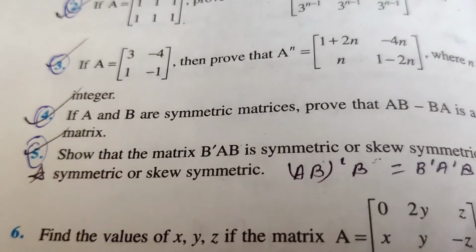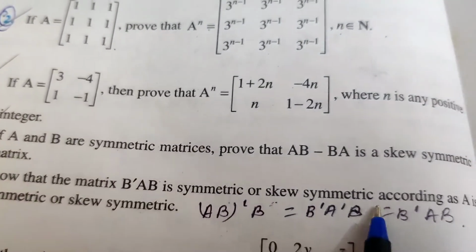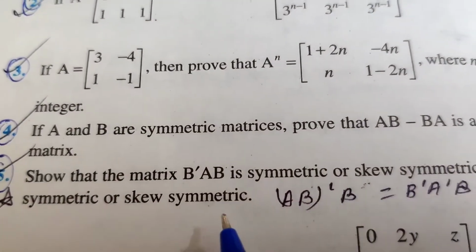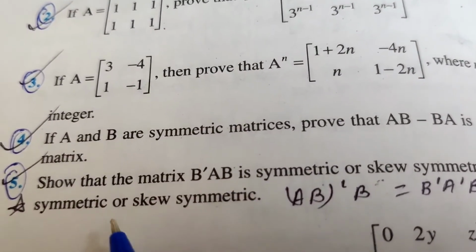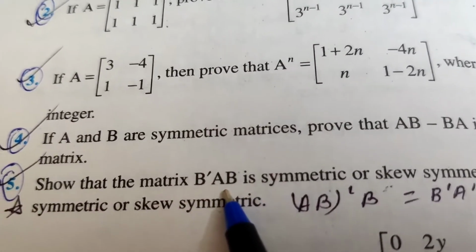Question number 5. Show that the matrix B dash AB is a symmetric or skew symmetric according as A is symmetric or skew symmetric. अगर A symmetric है तो ये भी symmetric होगा, अगर A skew symmetric है then this is also skew symmetric.